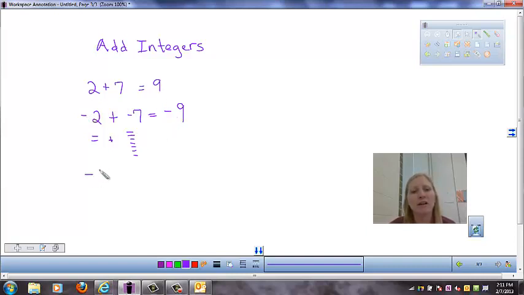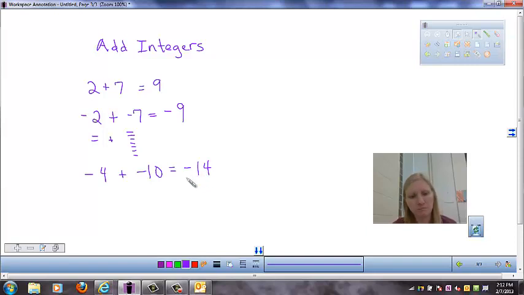So if I have negative 4 plus negative 10, that equals negative 14. Because it's just like adding normal numbers, 2 plus 7 or 4 plus 10. So 4 plus 10, 14. Negative 4 plus negative 10, negative 14.